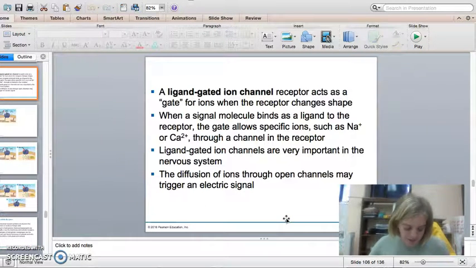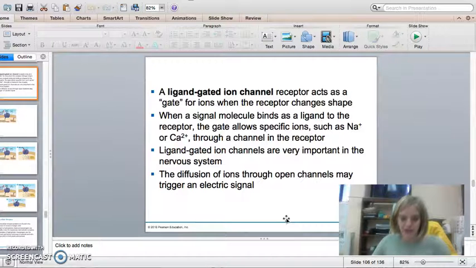The other type of membrane receptor is known as an ion channel receptor, or ligand-gated ion channel, and it essentially acts as a gate or passageway for ions when the receptor changes its shape. So this is pretty common, to act as a gate to open or close for different ions.